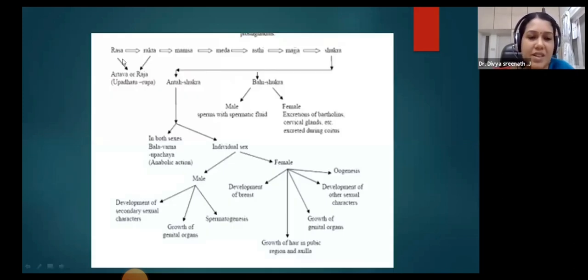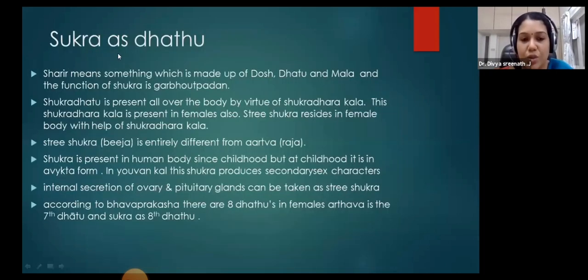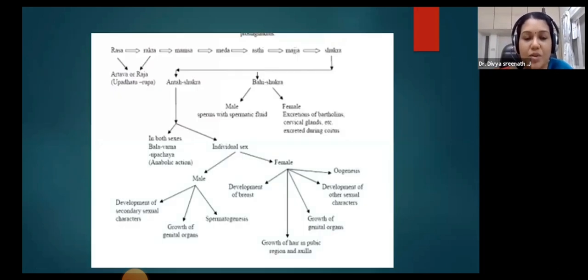Here we cannot consider this Shukradhatu as Artava, because we have already mentioned that Artava is an Upadhatu of Rasadhatu only. Right? As for the formation of Shukra, there will be Bahya Shukra and Andar Shukra.